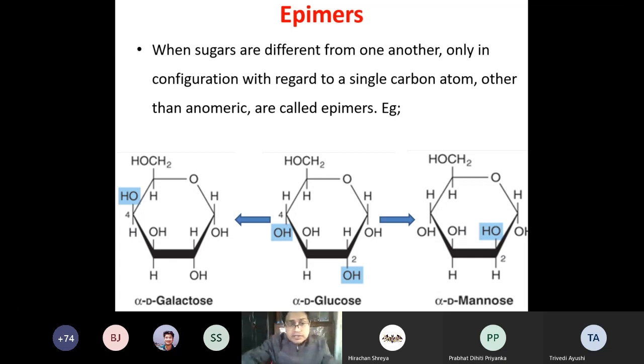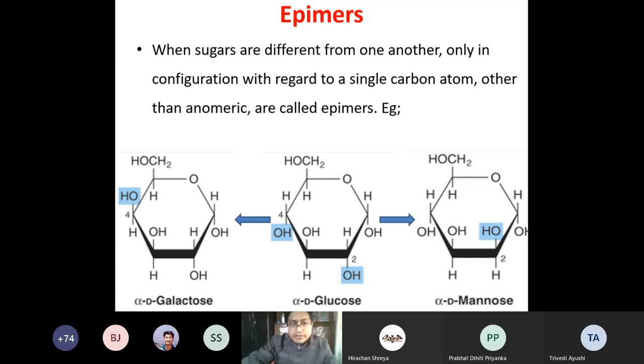Now here we can see this Haworth projection. This is the molecule of glucose. We'll discuss what is alpha and what is beta later on. All these are D forms. You can see D-galactose, D-glucose, D-mannose. This molecule in the center is the glucose molecule.